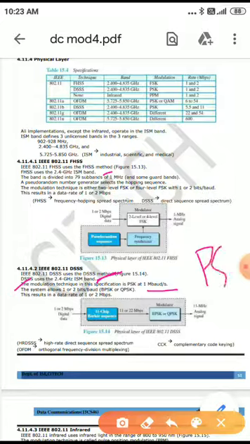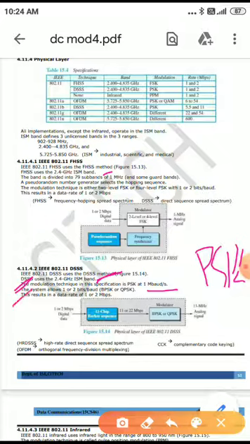PSK means phase shift keying modulation. Next, the system allows 1 or 2 bits per baud, nothing but BPSK or QPSK.